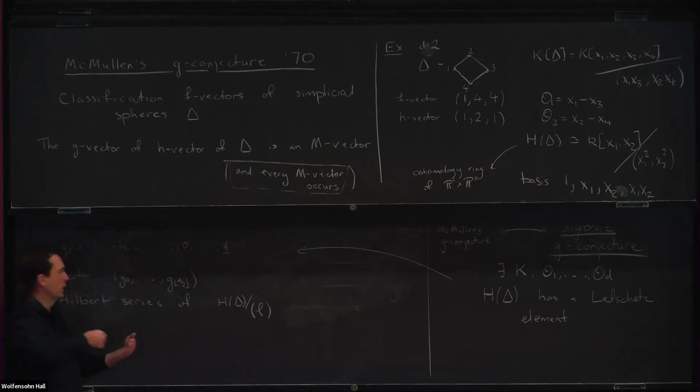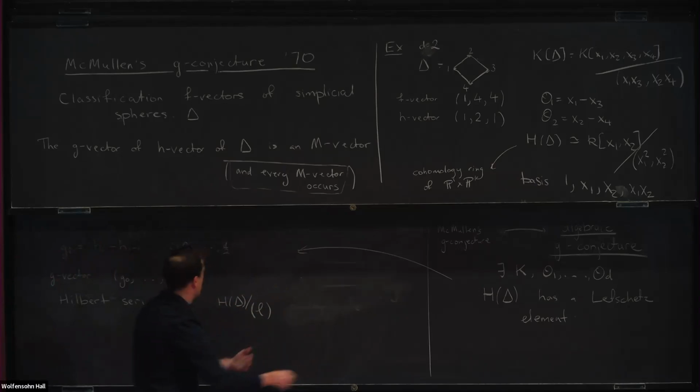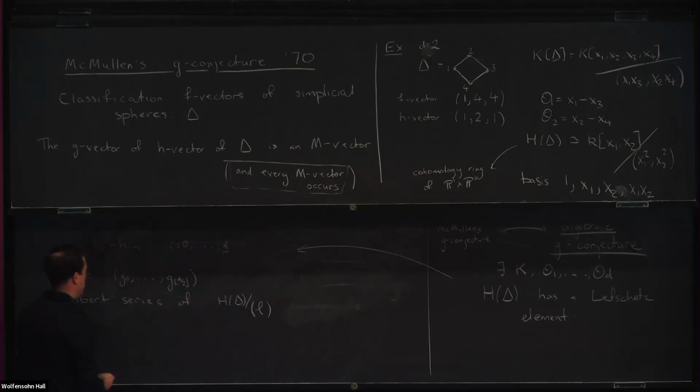In the first half, multiplication by L is injective, and in the second half, it's always surjective.